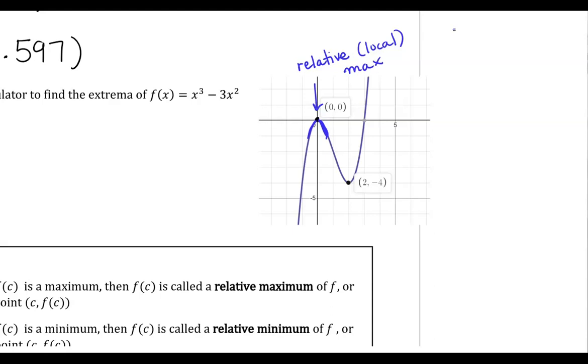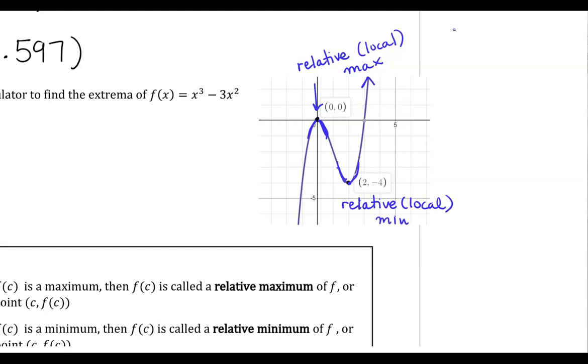Similarly, this point down here at 2, -4 is lower than all of the points that are around it, all of the points that are local to it. And so the point 2, -4 would be a relative or a local minimum.